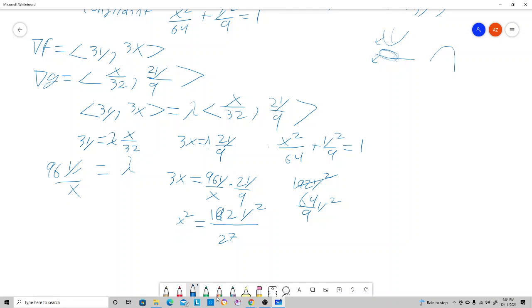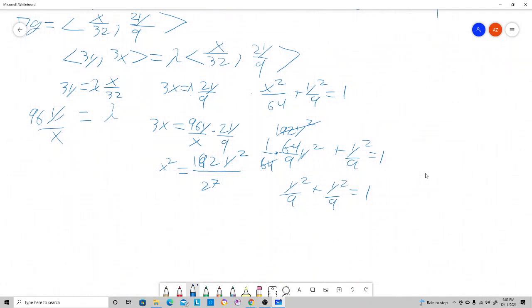Oh, look, this is awesome because we substituted this into here, and now remember, this is 1 over 64 plus y squared over 9 equals 1, right? So this 64 will actually cancel out, and we're going to be left with this over this plus y squared equals 9 equals this.